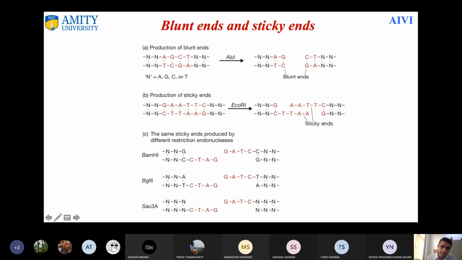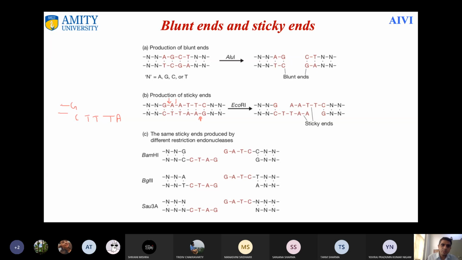If you produce a cut at G at location 1, then the hanging part is going to be this one, and then the reverse strand is going to be this one.